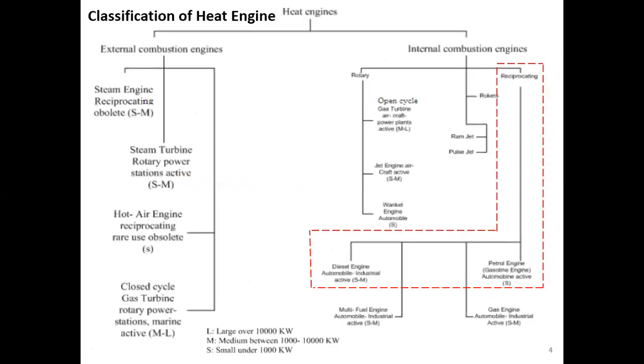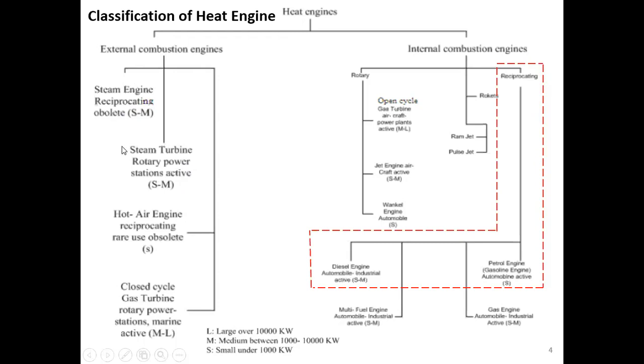Okay, so those are the two types of engine, the internal ones and the external ones. This graph or picture gives you the whole idea of which engines are classified as external combustion engines and which as internal combustion engines, apart from what we just mentioned. Under the external combustion engine, we have the steam engine already mentioned.